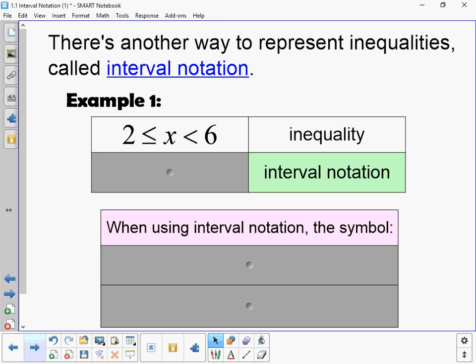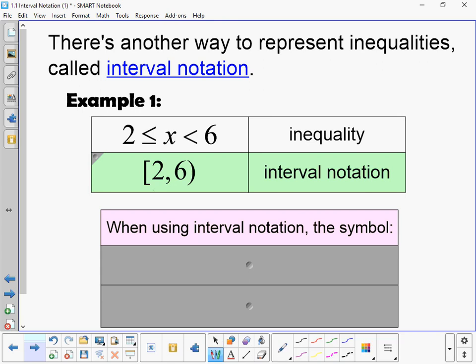So if we're looking at the example that x is between 2 and 6, it's greater than or equal to 2 and it's less than 6, we can write that in interval notation like this. It's communicating exactly the same information, from 2 to 6, and we use these brackets and parentheses to show if the endpoints are included or not.